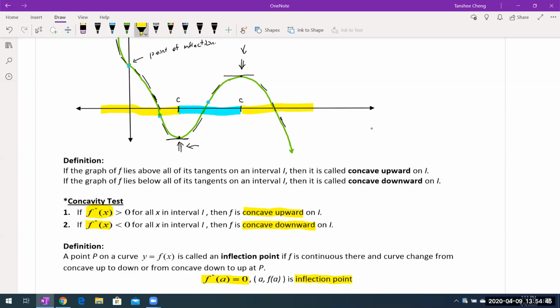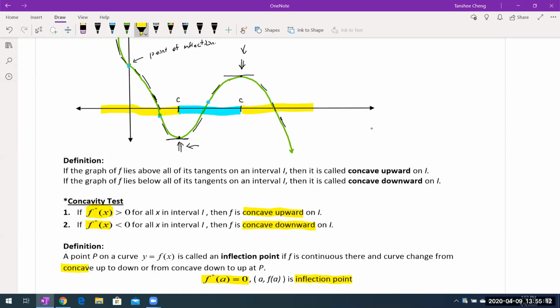So let's start from the beginning of the definition. A point P on a curve y equals f of x is called a point of inflection if f is continuous there and the curve changes from concave up to concave down.